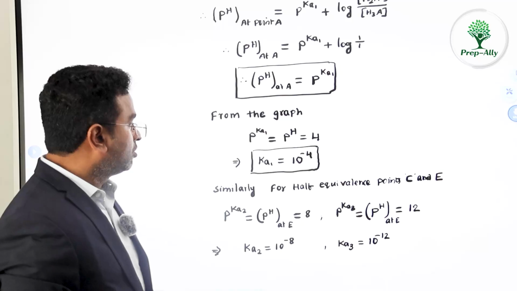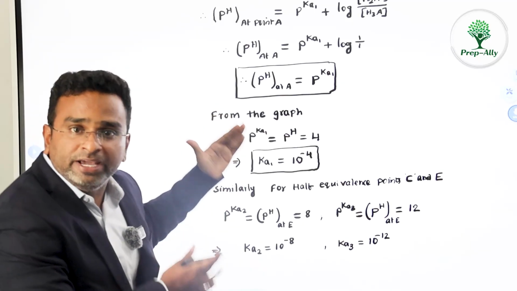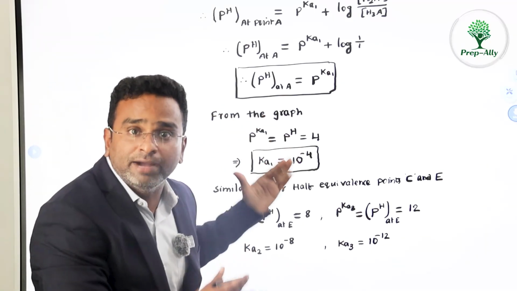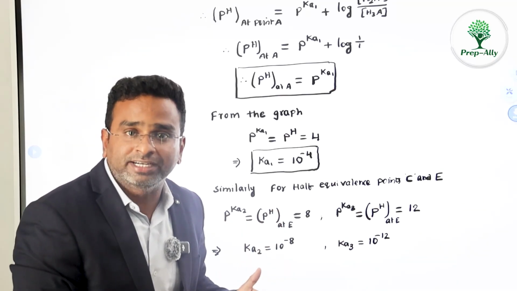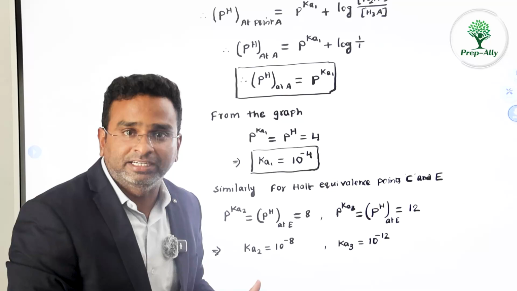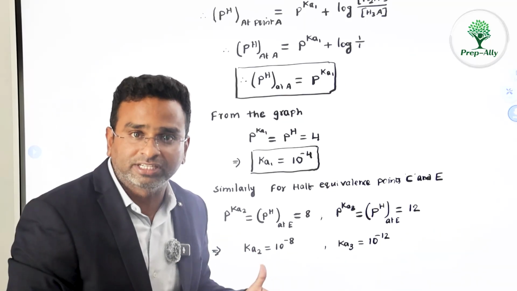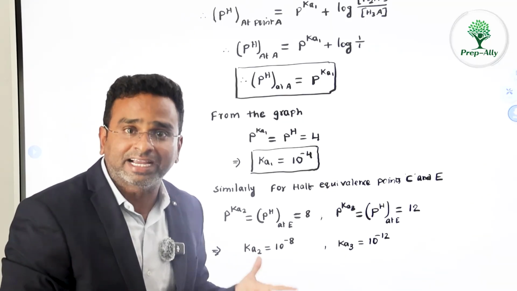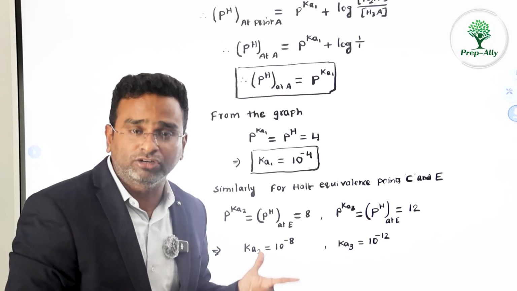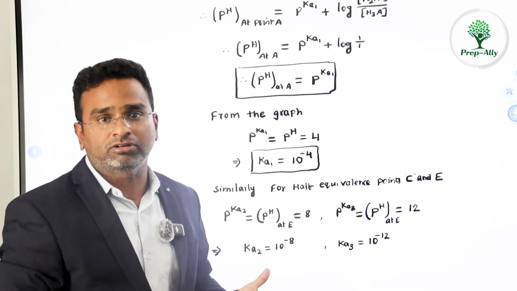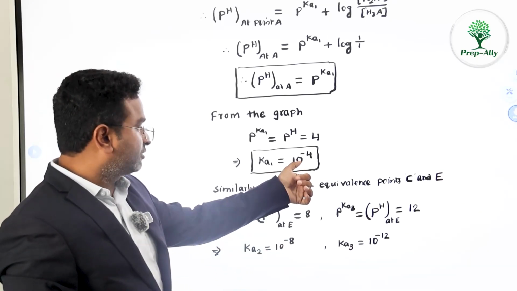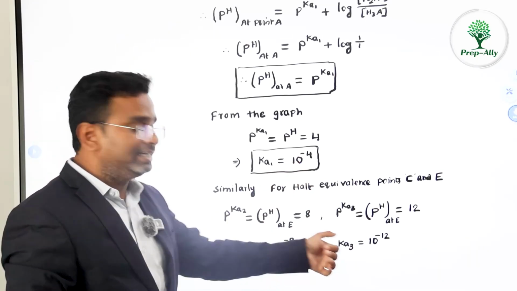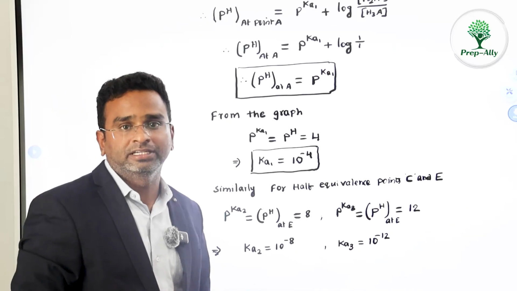So finally from the pH metric curve we could find out the acid dissociation constants of the triprotic acid. I mean first Ka1, second Ka2, third Ka3, which are 10 power minus 4, 10 power minus 8 and 10 power minus 12 respectively.